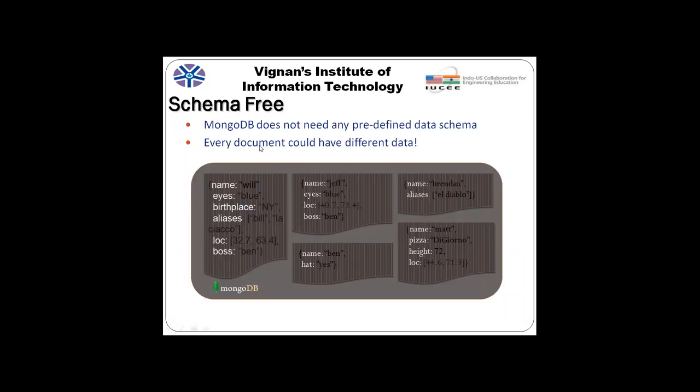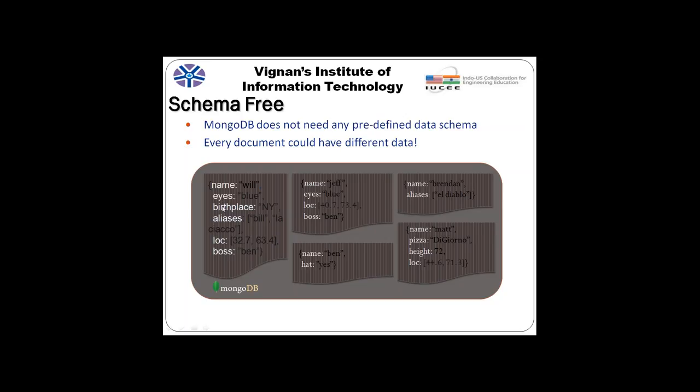The next is about schema free. Schema free means MongoDB does not need any predefined data schema. So there is no student number, no student name, no date of birth, nothing like that. No built-in schemas are there. Whenever we want, we will put it in. This is the schema I have defined; it's not fixed.